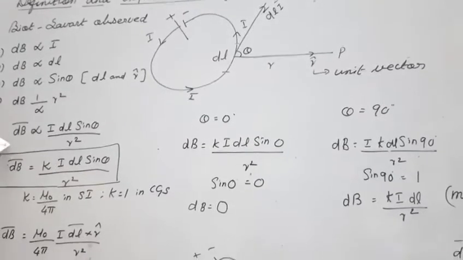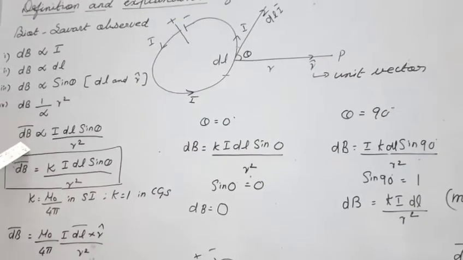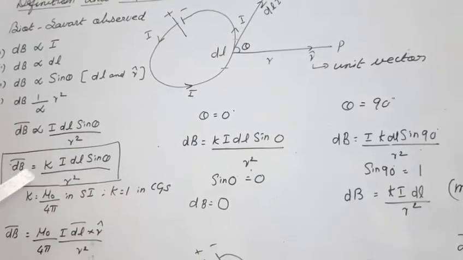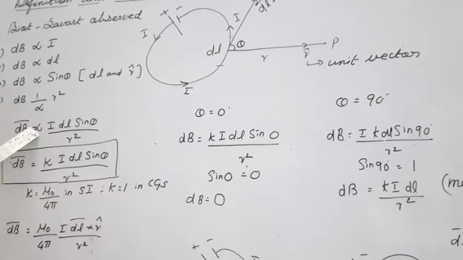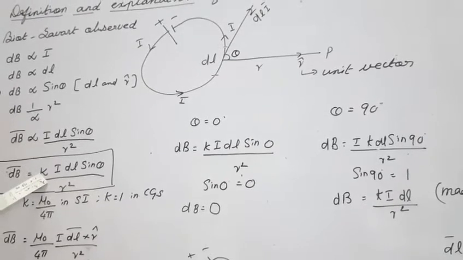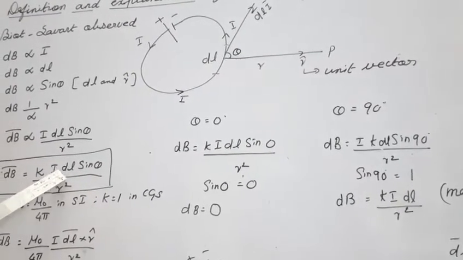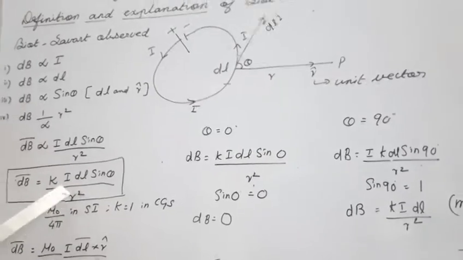So combined, dB is directly proportional to I dl sine theta by r square. As usual, we remove the proportionality symbol and add a constant k. Therefore, dB equals k into I dl sine theta by r square.